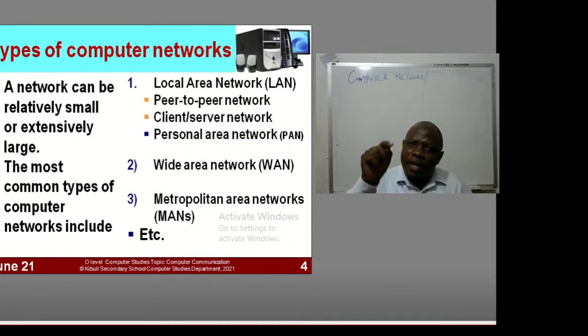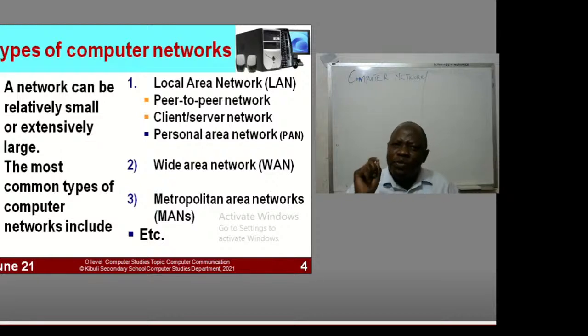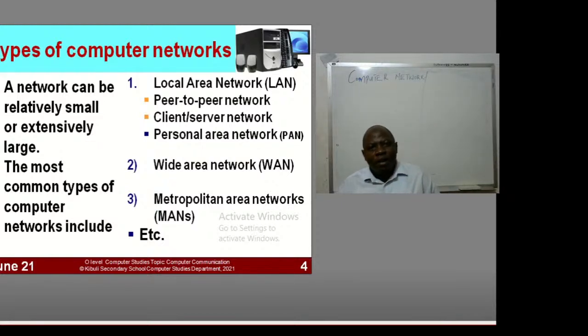But again, we are starting with a small network. You'll find that today in section C, they will ask you a question to explain how you can connect two different networks. And remember, that question is 20 marks.